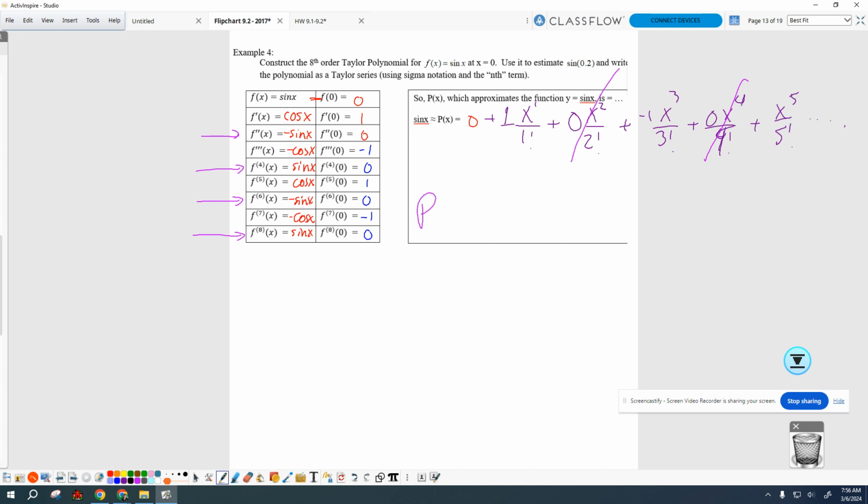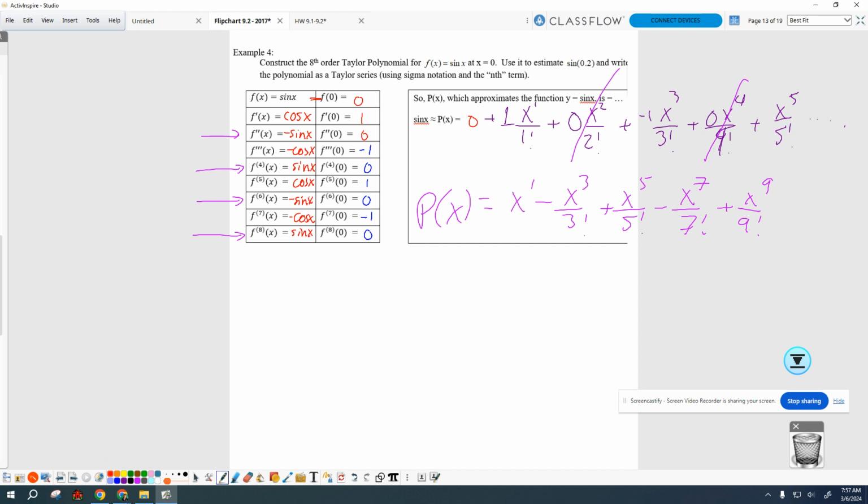So shrunk up, the polynomial that approximates sine has this pattern. Is this pattern geometric? Up top, I'm multiplying by -x squared. On the bottom, I'm not. The factorials are not a geometric pattern.